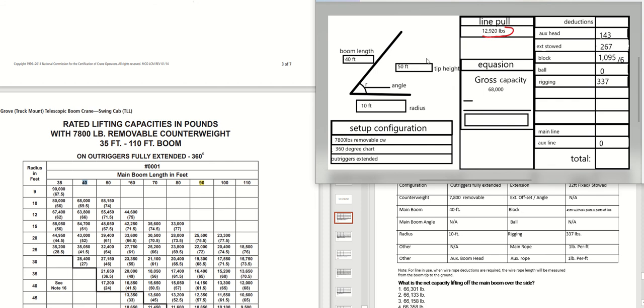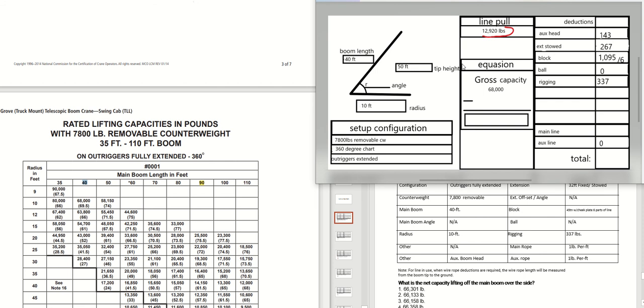So in this case, we have 68,000 pounds. That's going to be our pick. That's what we are going to need to be good for. So we'll do 68,000 divided by 12,920 equals 5.2. And as I said before, you can't use fractional parts of line. You round up.